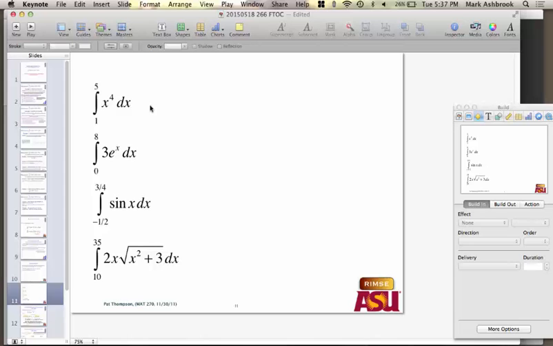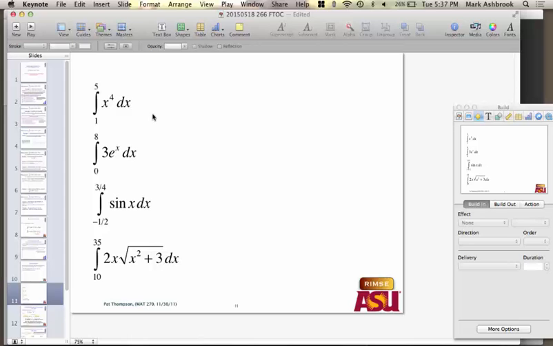Okay, so this is equal to a number. Can you describe what the meaning of that number is? Can anyone give it a shot? Yeah. The amount of change. Amount of change from a function from 1 to 5. Okay, what function? So it's the amount of change of a function as x goes from 1 to 5. And what do we know about that function? X to the 4th.